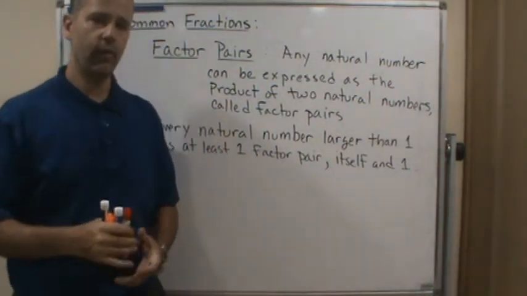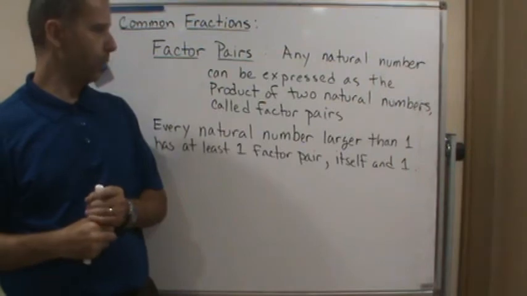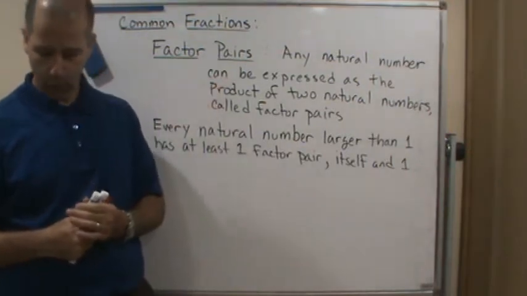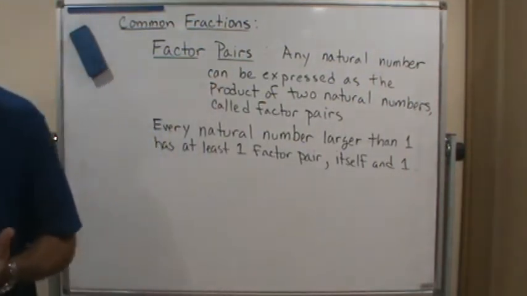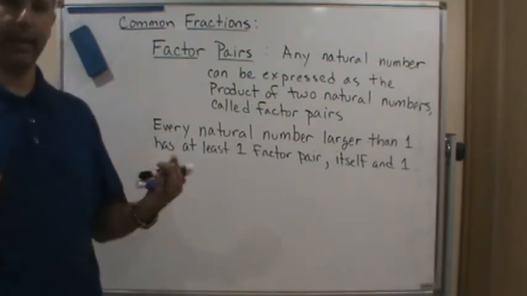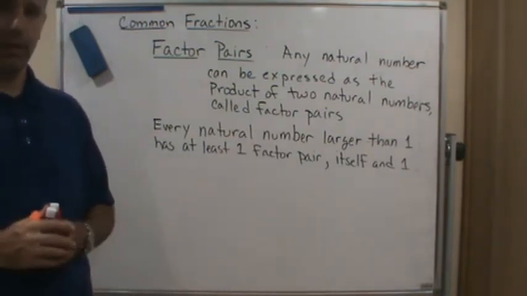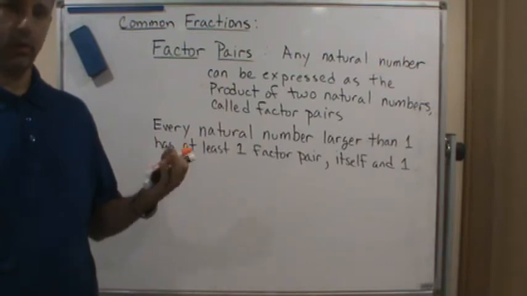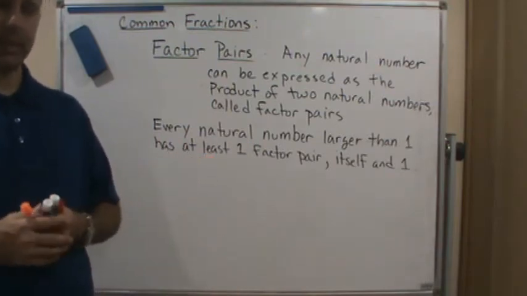Okay, so in this video we're going to take a moment and talk about factor pairs. A factor pair is basically two factors, two natural numbers, that multiply to give a particular number.